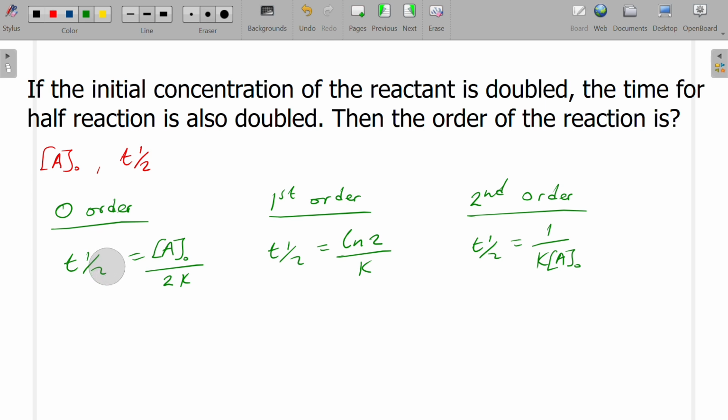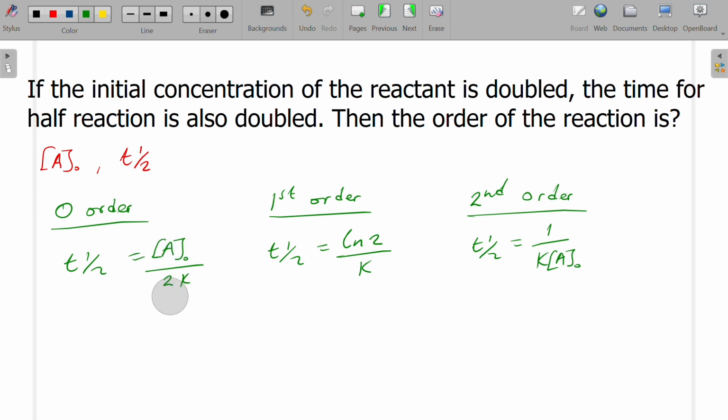So T half in this case is directly proportional to the initial concentration. What that implies is if we increase the initial concentration, the half-life also increases. If we reduce the initial concentration, the half-life also reduces. So this relationship is called direct proportionality. This one increases, that one increases.